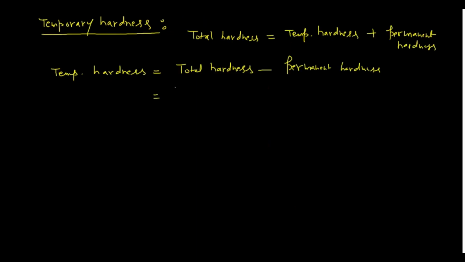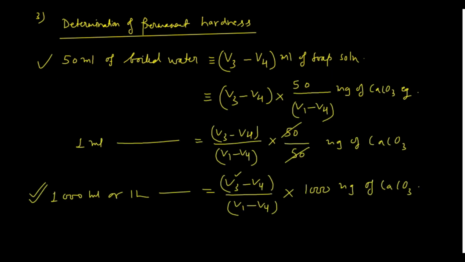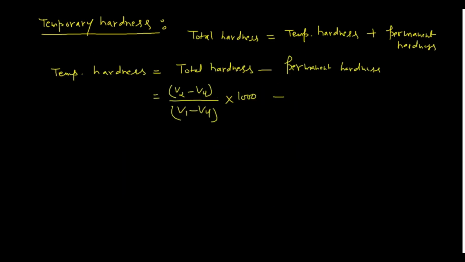So I will write that expression here, V2 minus V4 divided by V1 minus V4 multiplied by 1000, and then minus the expression for permanent hardness, V3 minus V4 over V1 minus V4, both in the bracket, important, multiplied by 1000. Of course, this will be in ppm.